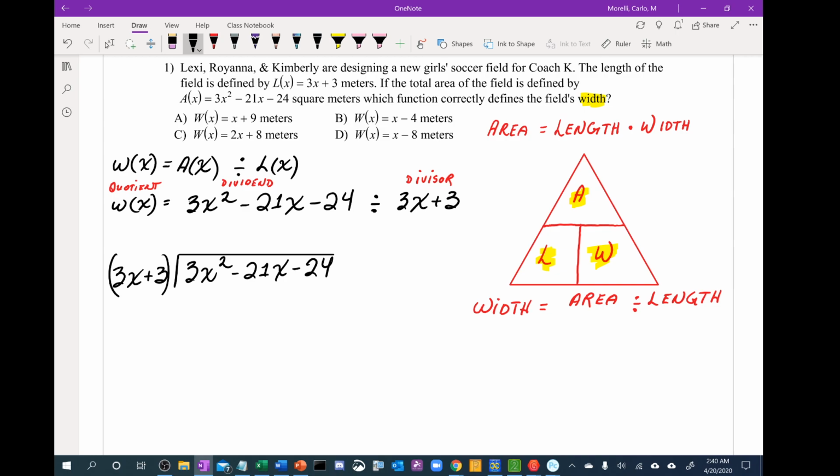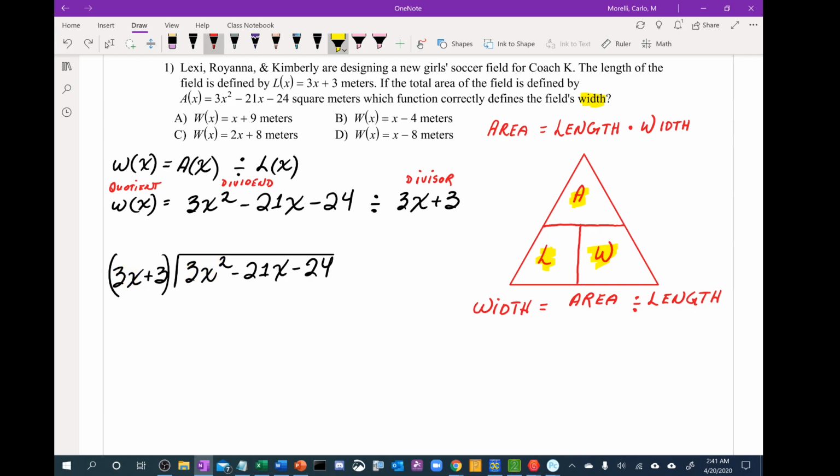So here are the steps for polynomial division. Step number 1. Divide the first term of the dividend by the first term of the divisor. I'll say it again. Divide the first term of the dividend, 3x squared, by the first term of the divisor, 3x.